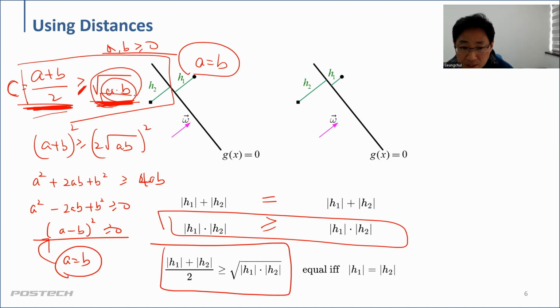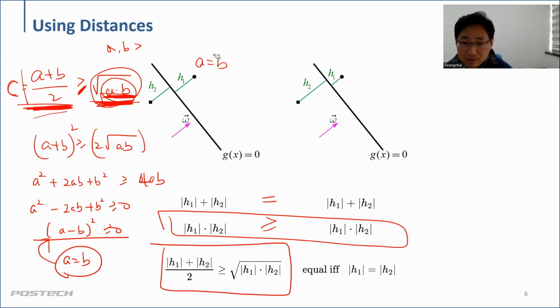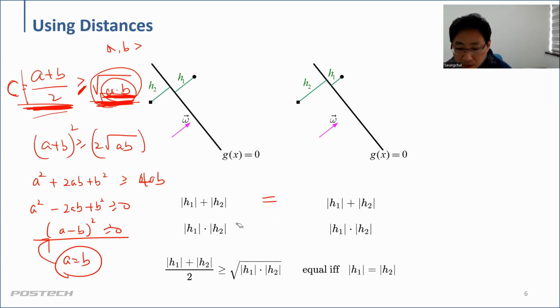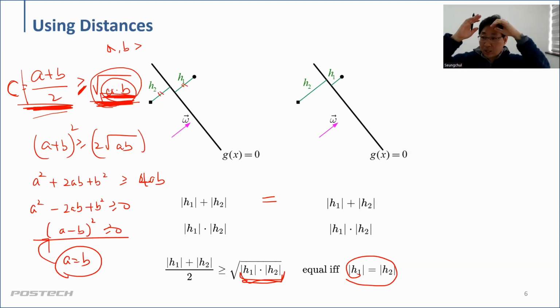That means I want to maximize these multiplications. And when it's maximized, these two are equal, which means the classification boundary tends to be put in the middle. You see what I'm trying to convince you guys?